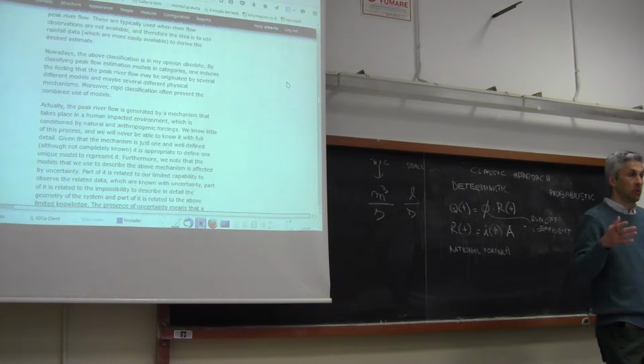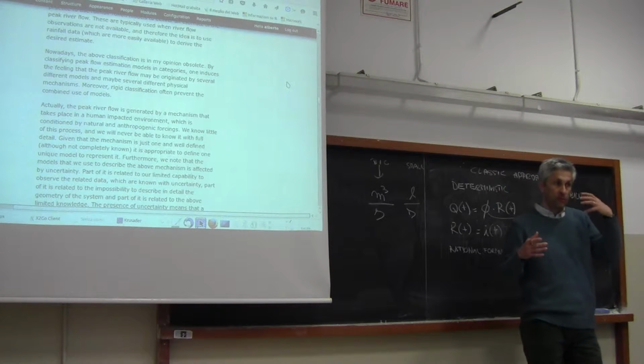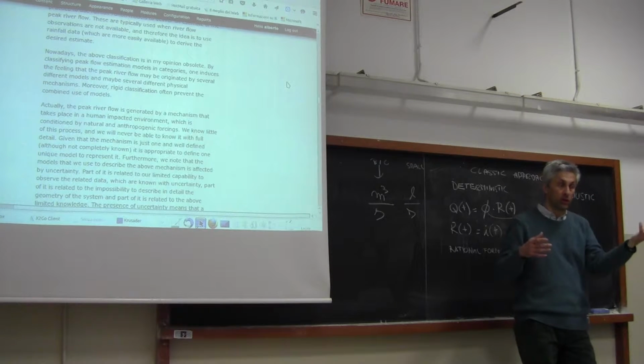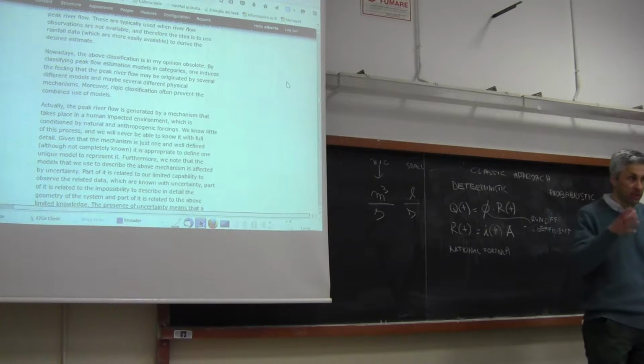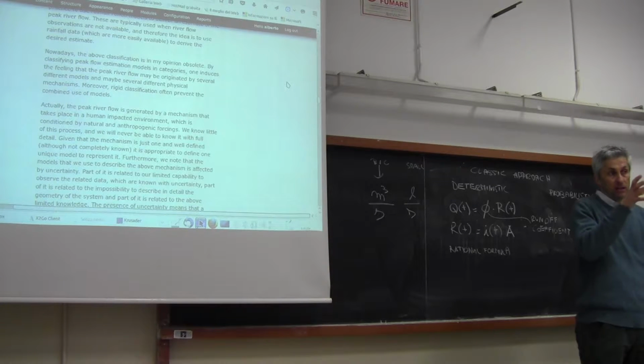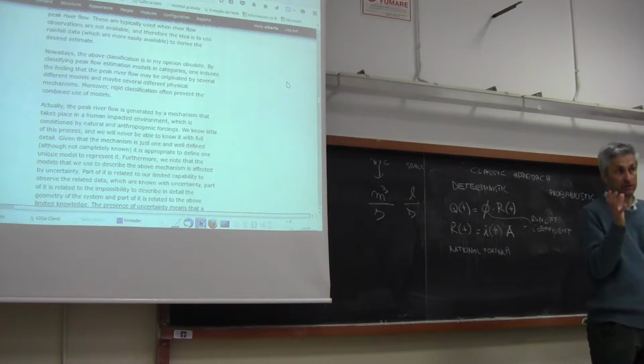So basically, when you have a physical process that you fully know and you can fully define, you build your model by building a deterministic model, because you don't have any uncertainty. So you know the process perfectly.